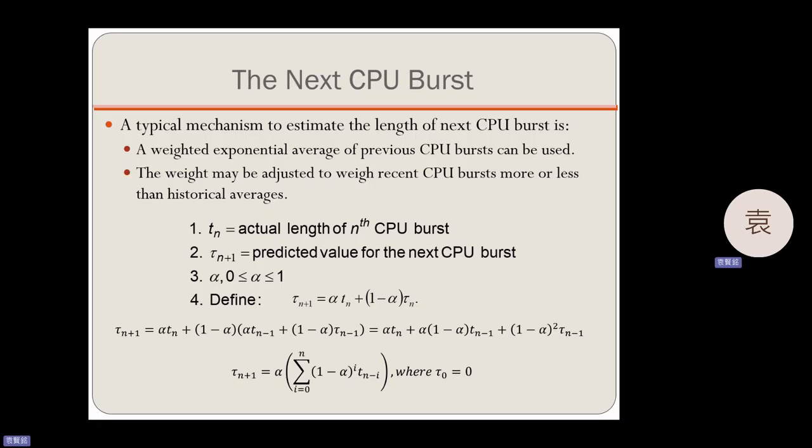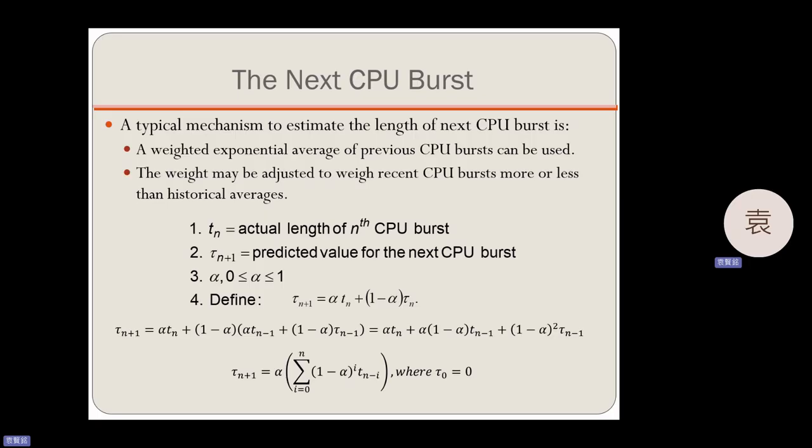Then alpha is a parameter between 0 and 1. We can define the next CPU burst time, tau sub n plus 1, as alpha times T sub n plus 1 minus alpha times tau sub n.